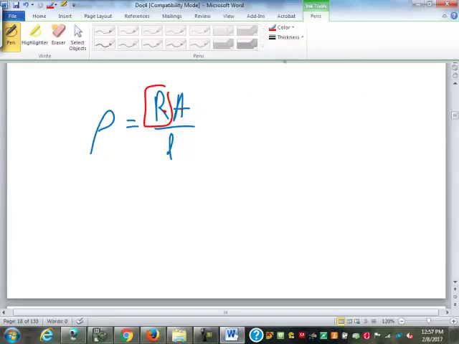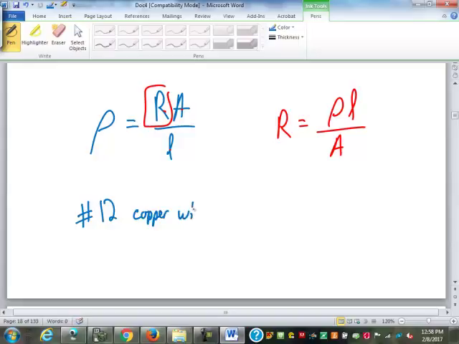For most of what we're going to do, we're going to be looking at the other way, solving for the resistance. So you'd multiply by L and then divide by A. So the resistance is equal to the resistivity times the length divided by the area. So if we have a copper wire, let's say a number 12 copper wire, and to keep it easy, we're going to go 100 meters long.